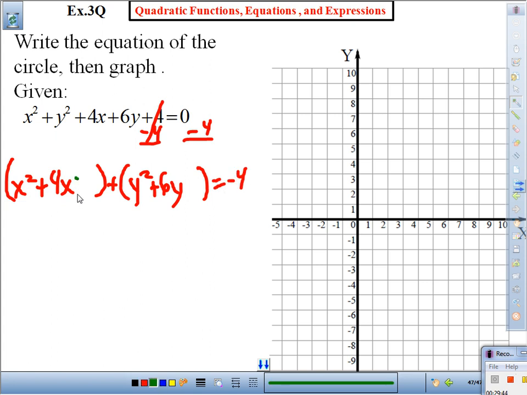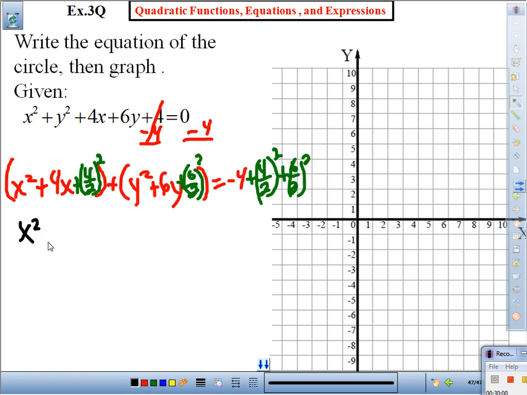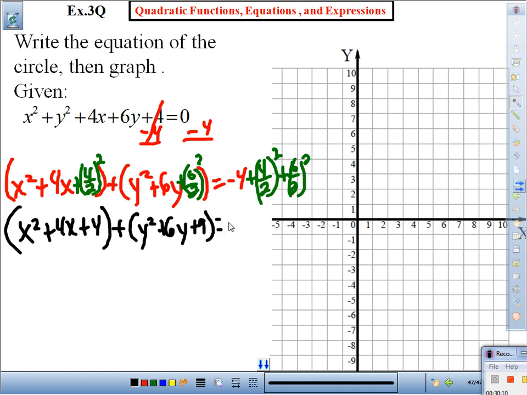Plus 4 over 2 squared plus 4 over 2 squared plus 6 over 2 squared plus 6 over 2 squared. All right? Simplify. x squared plus 4x plus 4 plus y squared plus 6y plus 9 equals negative 4 plus 4 plus 9.